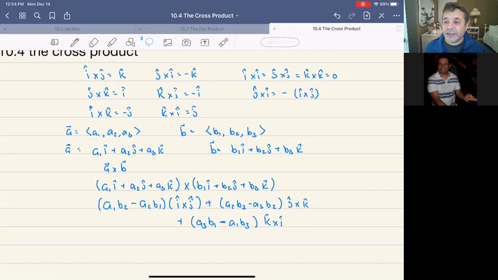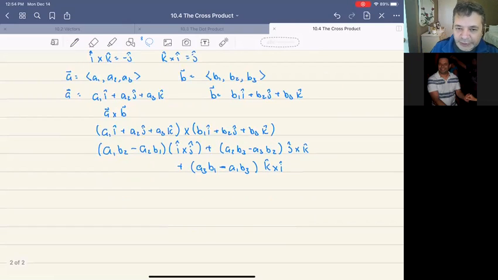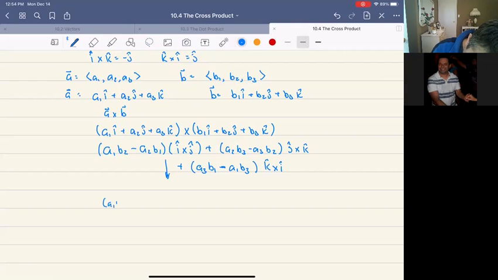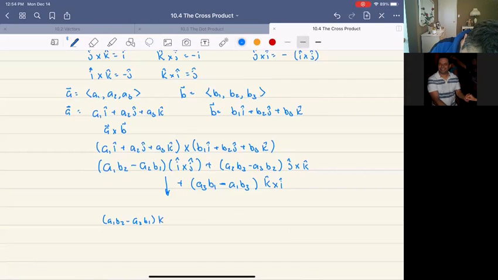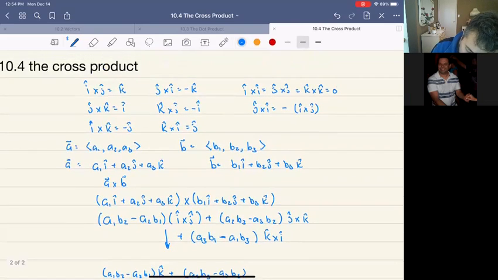Okay. Now there's a nice way to do this. You don't have to memorize this form of it. Okay. Before I finish, before I go there, let's finish this. i cross j, remember, is k. j cross k is i.